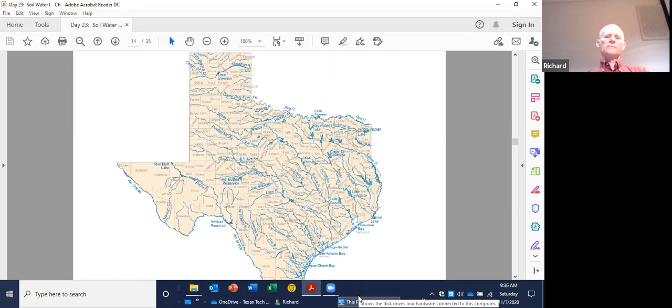If you look at this, you see the Rio Grande, and then you see the Pecos, and the Colorado, and the Brazos, the Trinity, the Red, and the Canadian rivers.